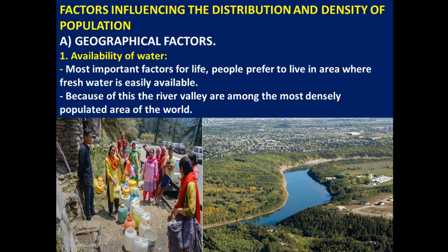In order to answer these questions, why in certain places the size of population is very large as compared to other places where it is very low, we are going to learn some of the factors responsible for the uneven distribution of population in the world.